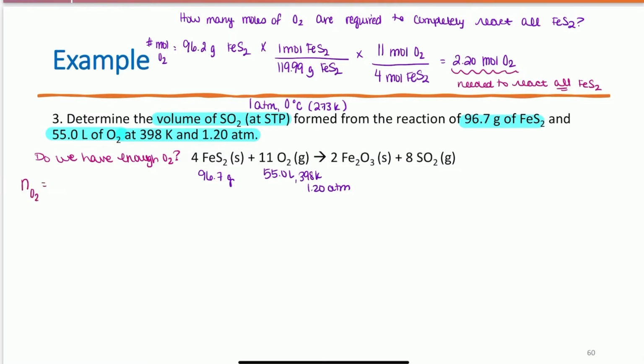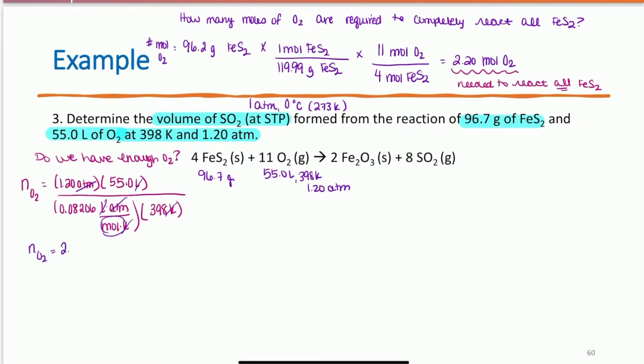Number of moles of O2 is equal to the pressure of O2, so 1.20 atmosphere, the volume of O2, 55.00 liters, divided by your gas constant, 0.08206 liter atmosphere per mole K, times your temperature, 398 K. Atmospheres have canceled, liters have canceled, Kelvins canceled, moles in the denominator makes a numerator. My number of moles of O2 is equal to 2.02 moles.